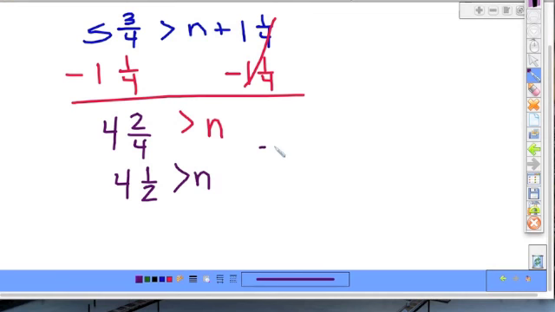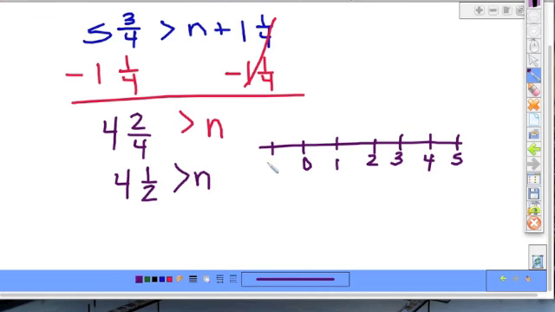So on a number line, what this looks like is I know it's going to be 4 1/2, which is already as large as it'll go. So let me start over here with 4. Actually, I'll go ahead and do a 5 so you can see the half. 3, 2, 1, 0, negative 1. Now this is an open circle because it's not an equal to.